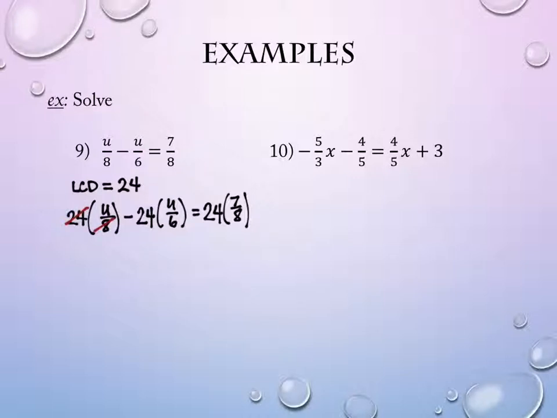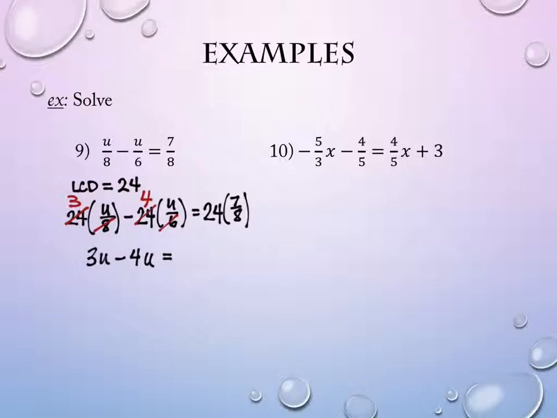24 and 8 reduce, leaving me with what? 24 divided by 8 is 3. Thank you. So I have then 3 times my u. It's a u. Yeah. 3 times u, which is 3u. How about the 24 and the 6? How do those reduce? That one's a 4. Yep. So then I have minus 4u over here.